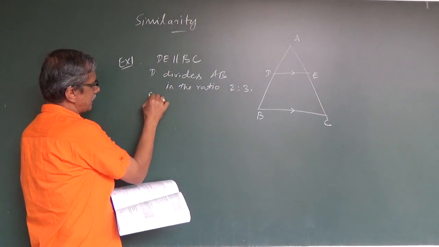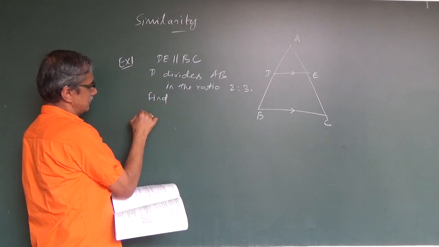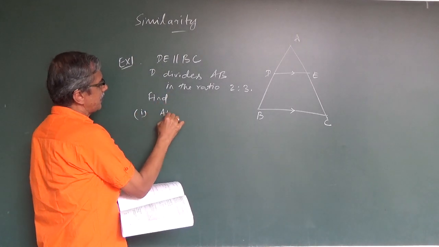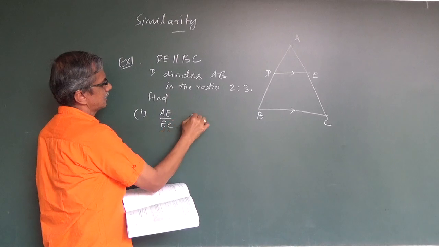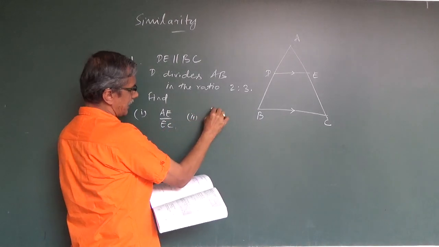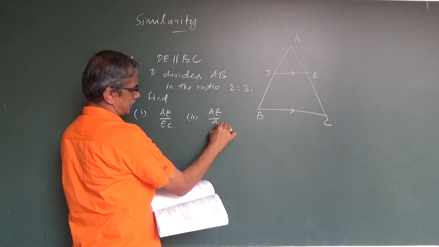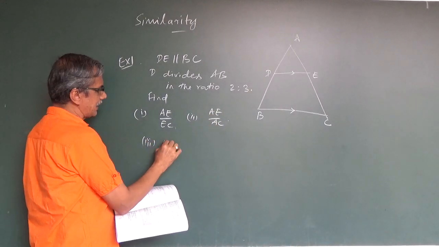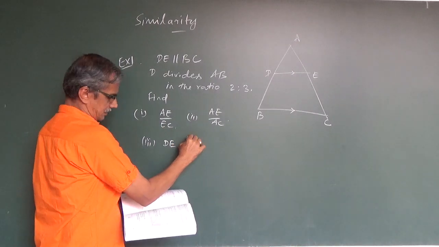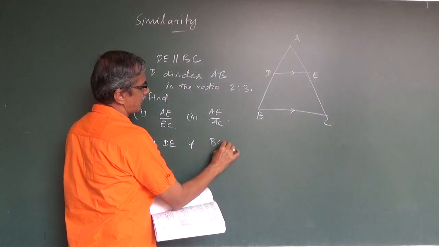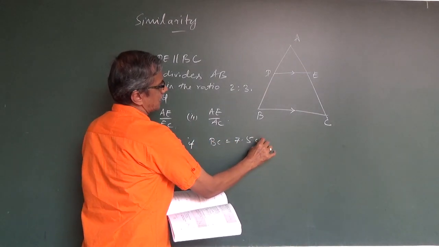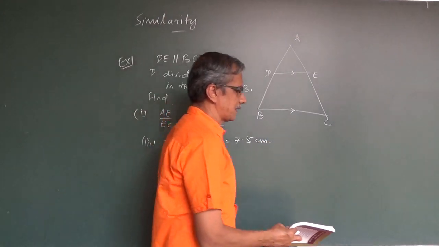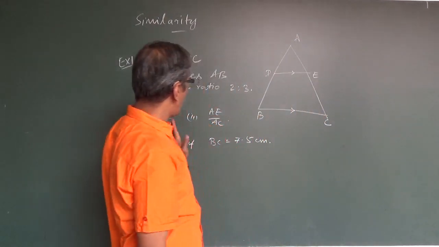You have to find AE by EC, AE by AC, and then you have to find DE if BC is 7.5 centimeter. So you have to find all this.